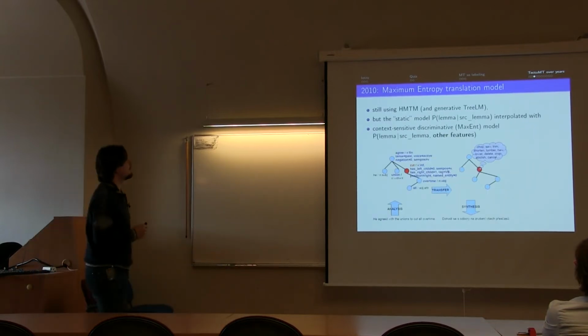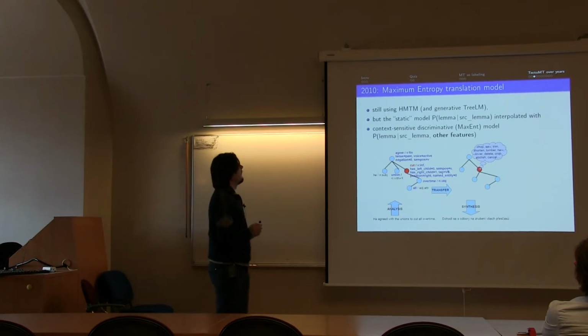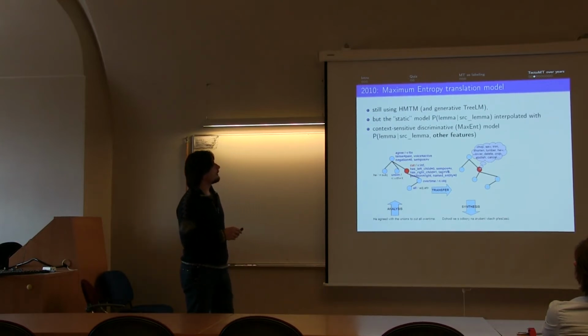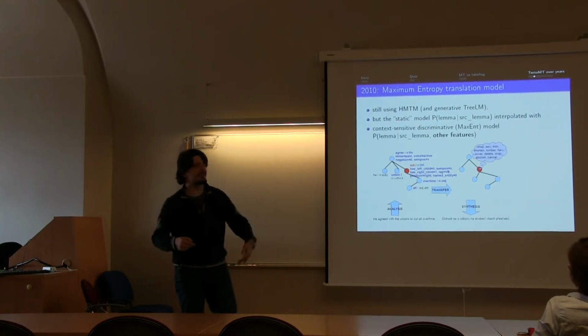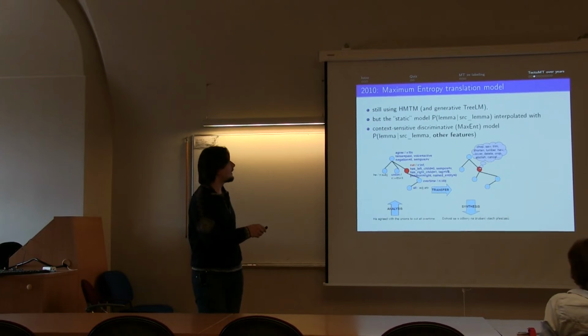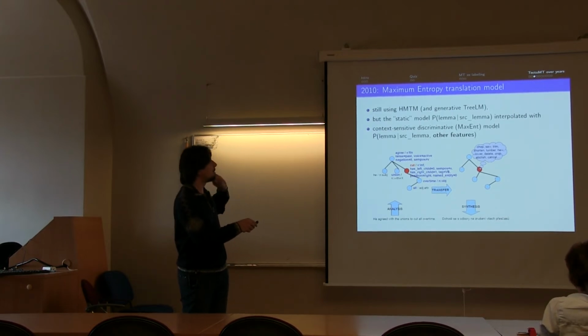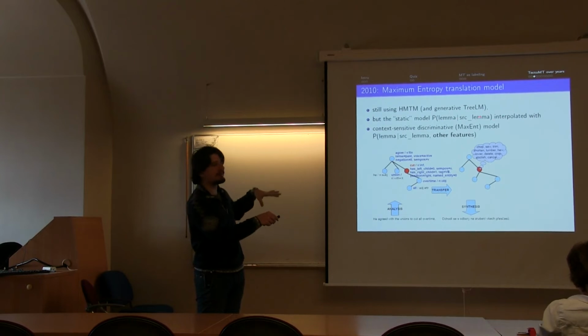Okay, in 2010, we still were using the HMTM and the tree language model, but we switched from the static translation model. Here it is for lemmas, but for formemes it's the same. And we have not switched completely, but we had added a new model and interpolated those two.